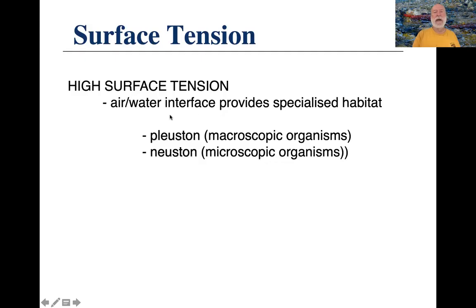And we speak of there being two kinds of groups of organisms that occur there, the pleuston and the neuston. So the pleuston are macroscopic organisms that live at the surface of the water, and the neuston are microscopic organisms that live at the surface of the water. Okay, it is a specialized habitat. They live right at that air-water interface.